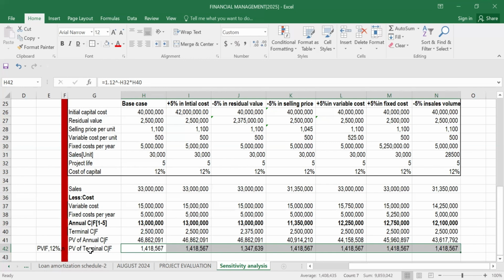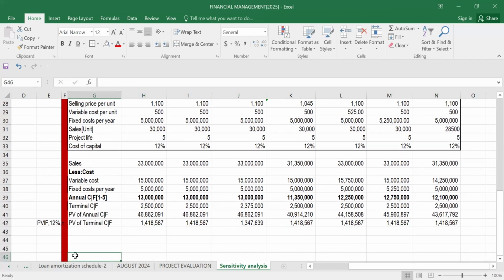Then from there, what do I need to do? I need to get the NPV. How do I get the NPV? To get the NPV, I'll take the total present value of cash flows minus the initial investment. So this one will be equal to the total present value of cash flows.